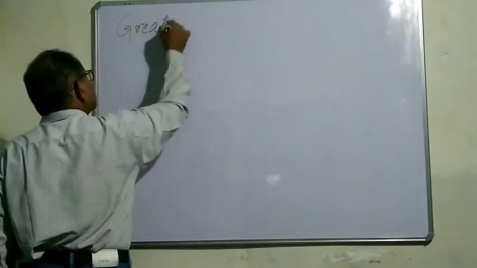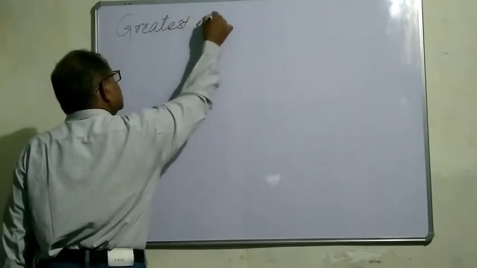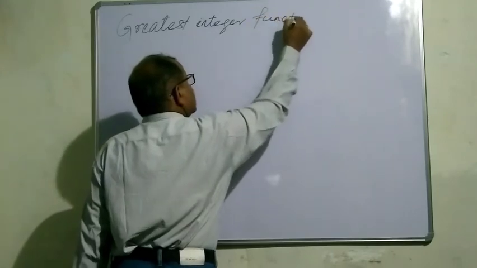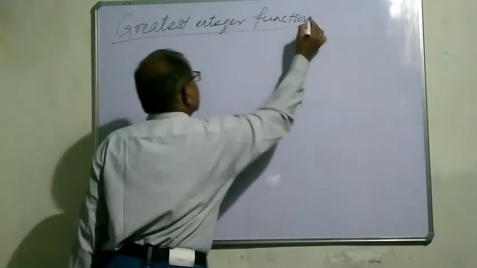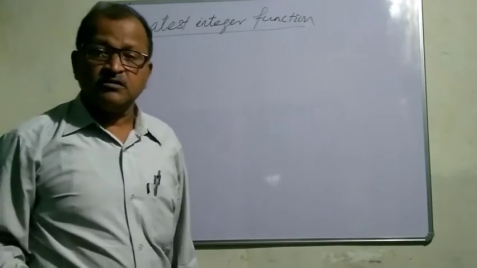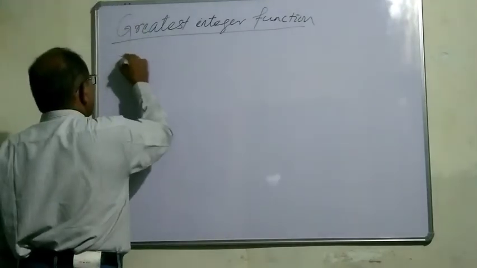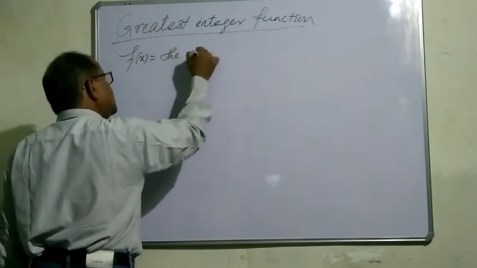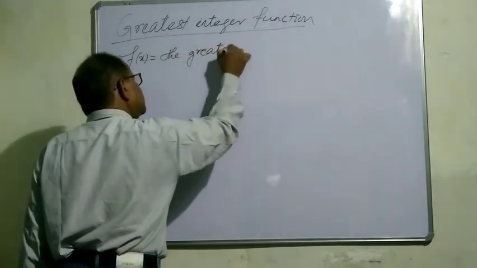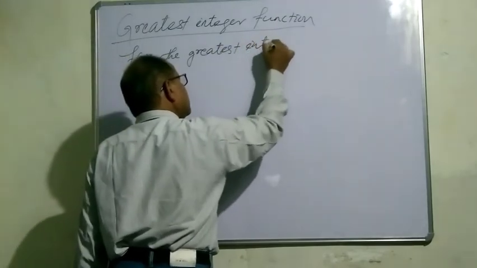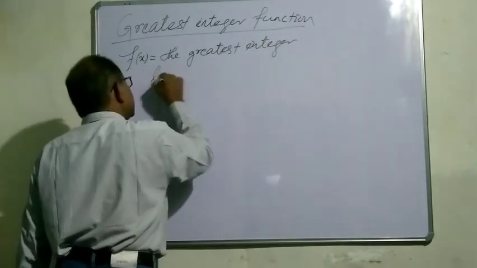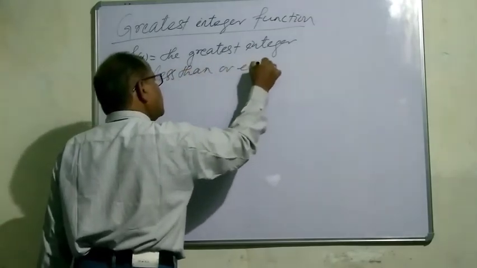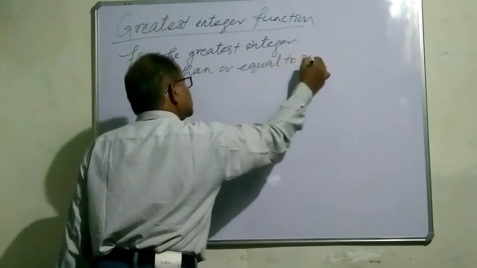Greatest integer function, right? It is defined like this: f(x) is equal to the greatest integer less than or equal to x.